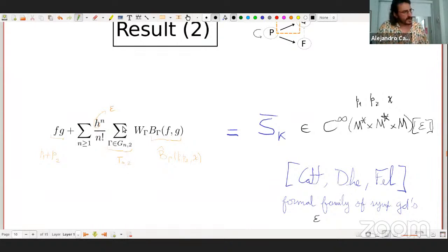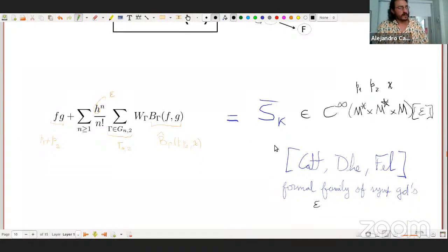Then another thing, instead of summing over all these Kontsevich graphs, we sum only over those which are trees. So they contain no loops and they are connected. And we also changed this by the symbol of this bidifferential operator. So now the symbol depends on P1 for the derivatives on the first argument, P2 for the derivatives on the second, and X, the point where you are.